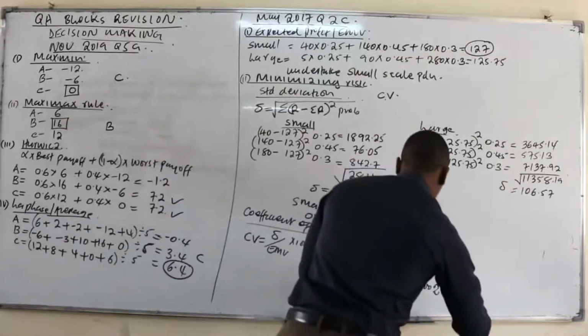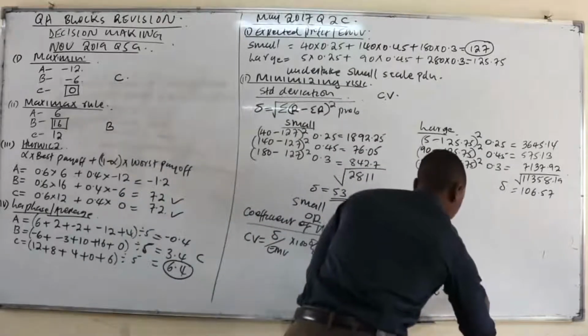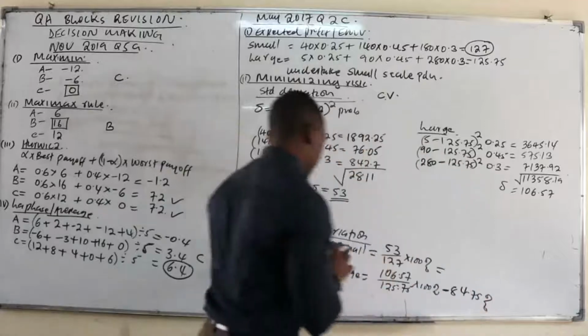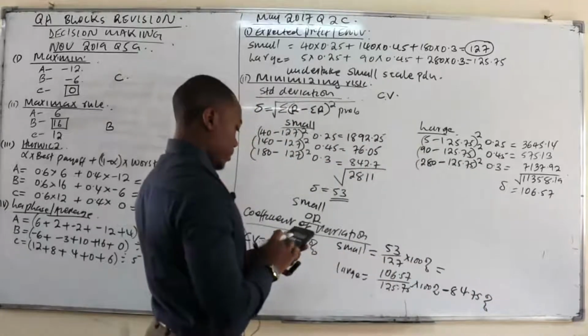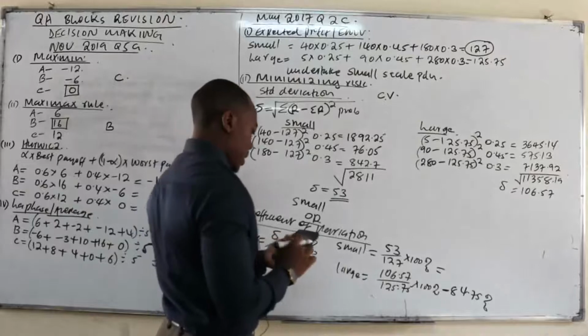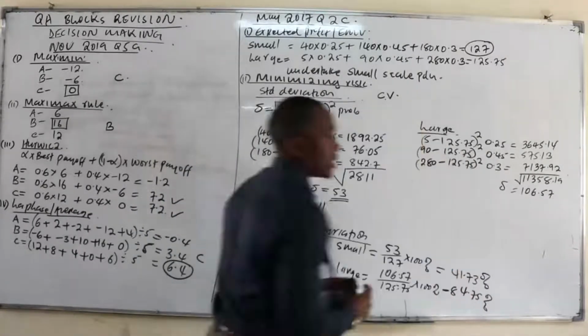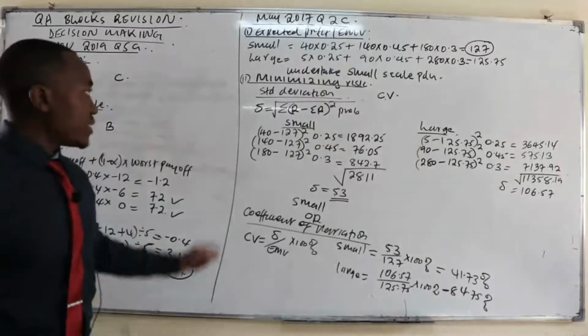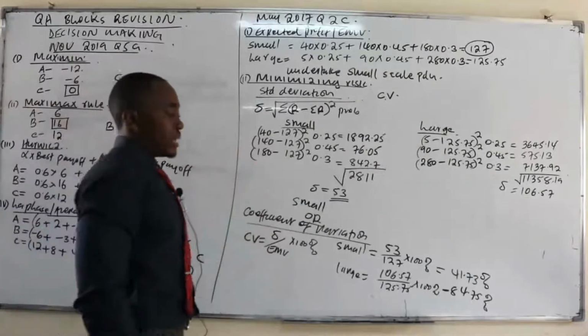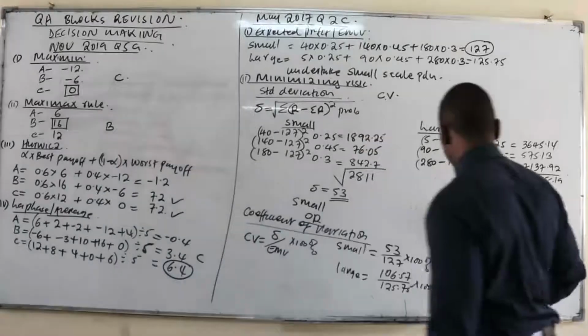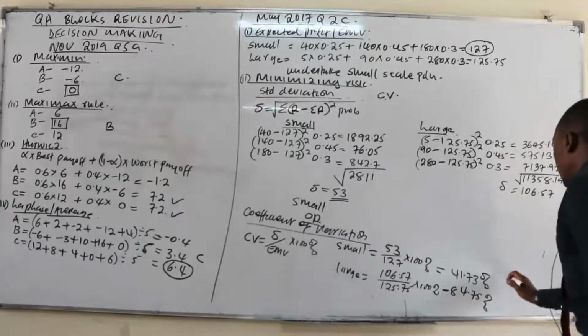So here we are getting 84.75%. Yeah, and I'm getting 41.73%. For CV and standard deviation, the lower the value, the better. So for small scale we have 41, so they should adopt small scale.